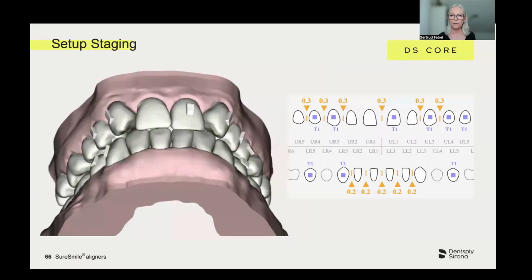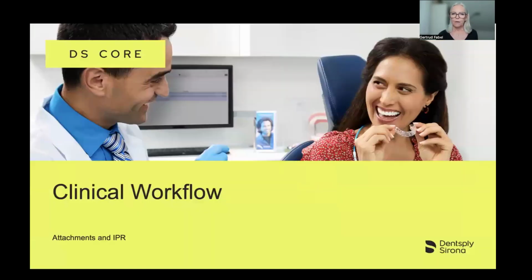In that moment, I also control the size and the positioning of the attachments, as well as the slicing amount. If I would have any changes to be made, this would be the moment, and I would get another setup, another staging, quite a few days later.